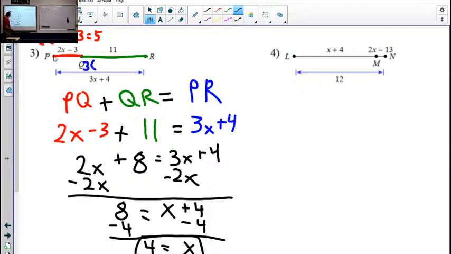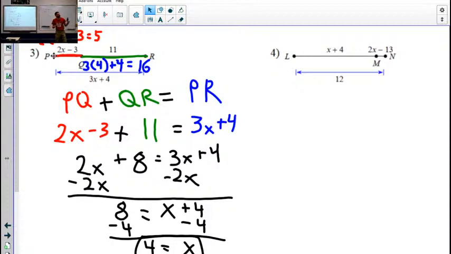3 times x turns out to be 4 plus 4. And if we did it right, 3 times 4 is 12 plus 4. Hey, it's 16. And so we know that we did it right because the geometry is working out the way that it should. The pieces are adding to make the whole thing just like they're supposed to.